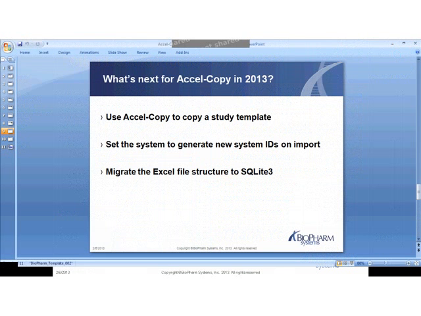Okay. And so what's next for Accel-Copy? One of the things being discussed as an enhancement is the ability to copy a study as a template within the same database. This is really helpful when you're creating a new study that's very similar to a study you already have.